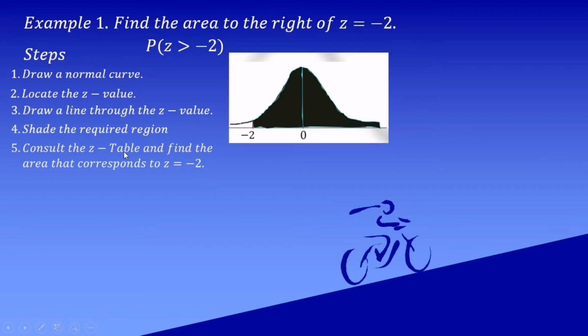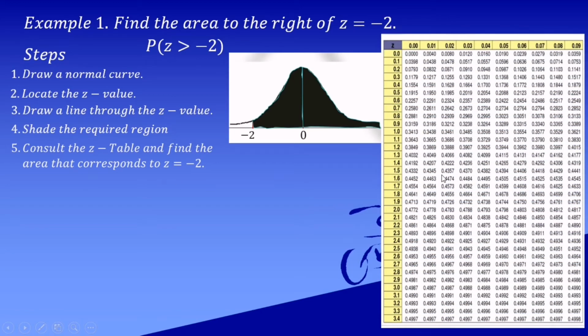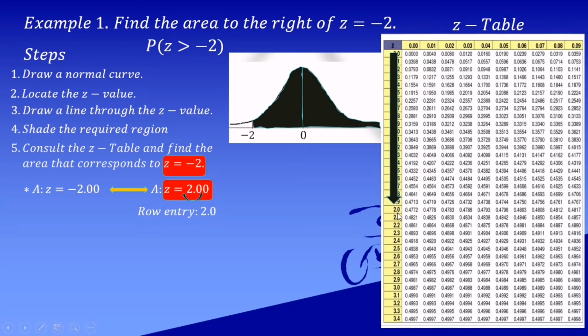Okay, number 5, consult the z table and find the area that corresponds to z is equal to negative 2. Kung ang ating z is negative, we simply ignore the negative sign and gamitin natin yung z is equal to positive. So, write in the 3-digit form. So, yung first 2 digit natin, yan ang ating row entry sa z table. So, yan, 2.0.